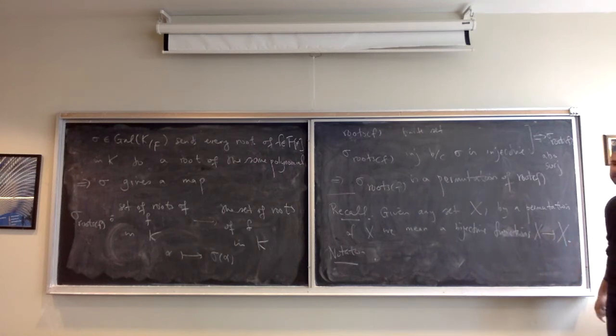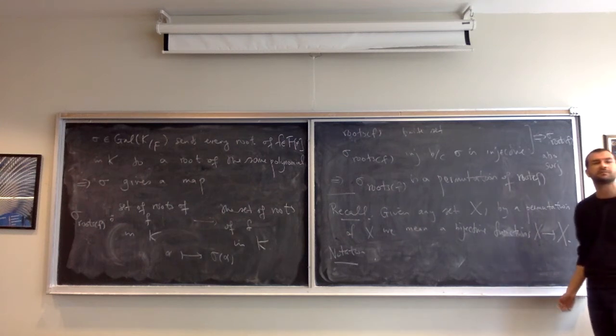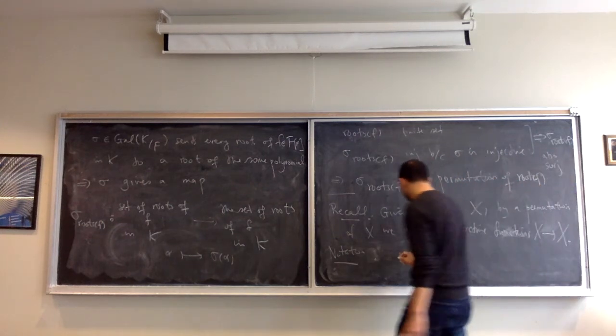The identity element is the identity function, and the inverse element is just the inverse function. If your function is bijective, it's got an inverse function which is also bijective. So the set of permutations of x forms a group under composition. And remember, you had a name for this. You call this the symmetric group on x.